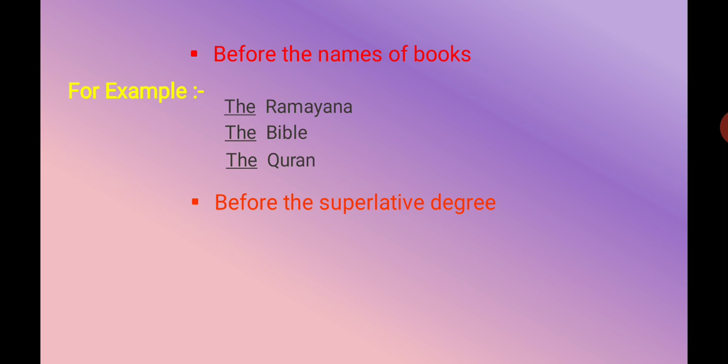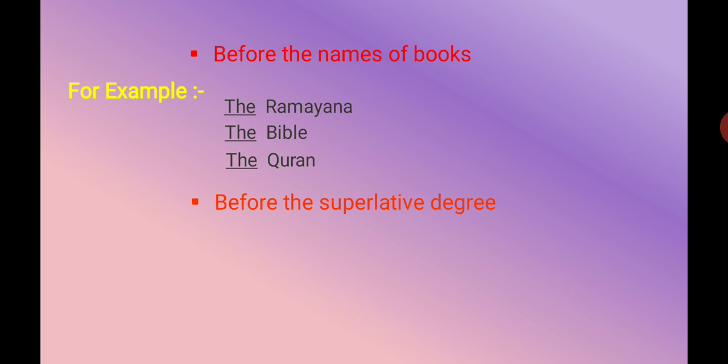Next rule is before the superlative degree. In our Essay 1, lessons number 10 and 11, we learned the degrees of adjectives: superlative degree, comparative degree. Do you remember? At that time I gave the clue that if there is a the in the sentence and after the there is a blank, you have to fill in the blank with the superlative form of the adjective. Yes, here we just modify that rule as per the article.